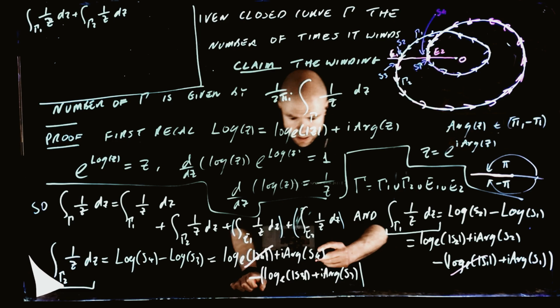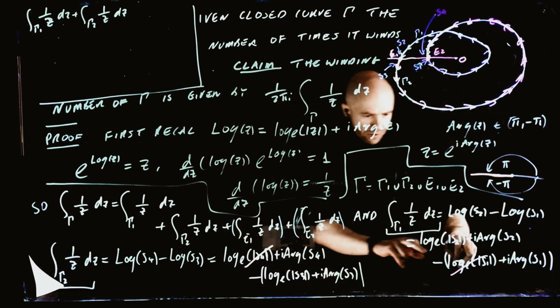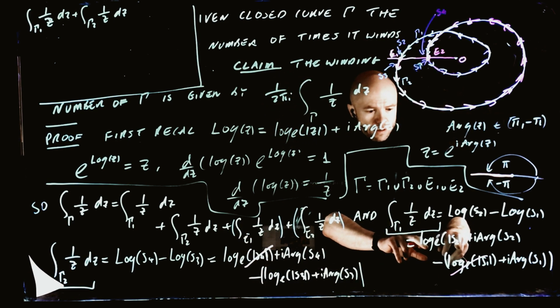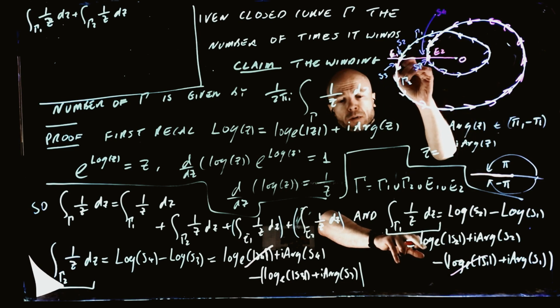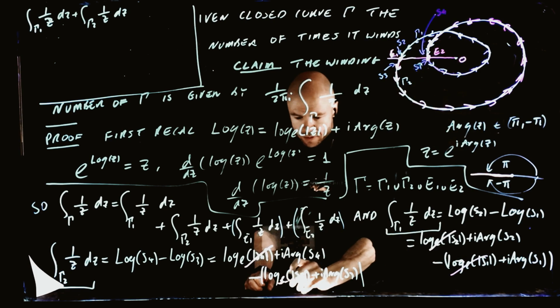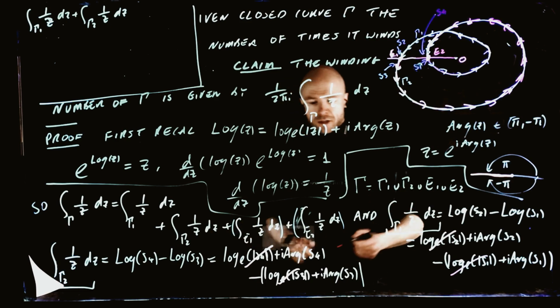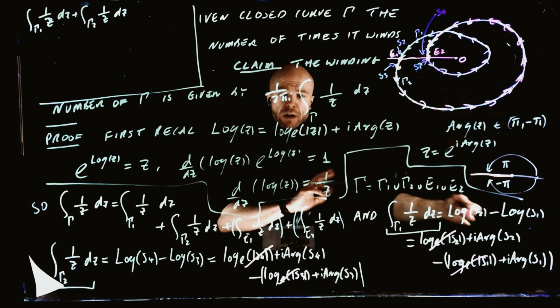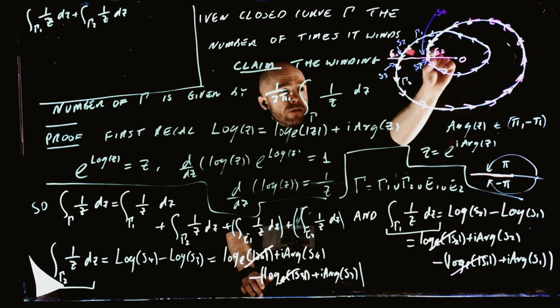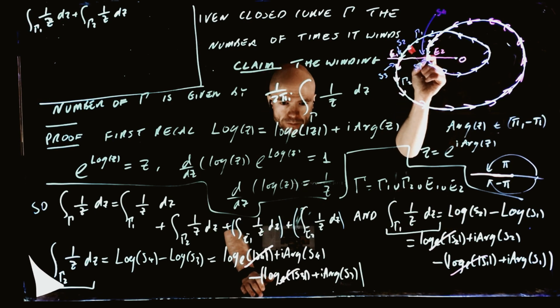And if we look at the positive term, the log of the absolute value of S2, that's this thing, and that's incredibly close to the log of the absolute value of S3, because S2 and S3 are incredibly close together. So this guy will cancel with this guy, in the sense that there's a tiny error. So we don't have any real parts except for some very, very small thing, depending on the width of these little things we've jumped over that we don't care about. Give me a thumbs up if you're with me.